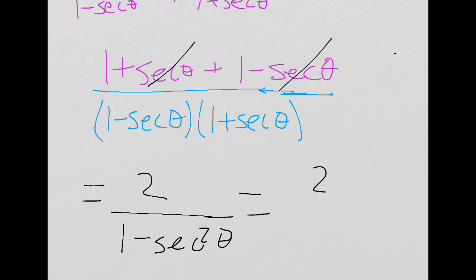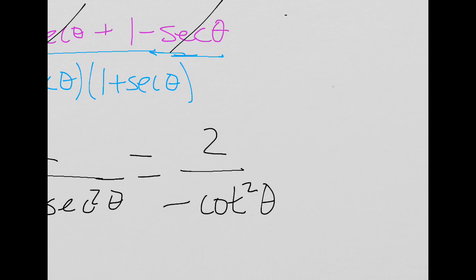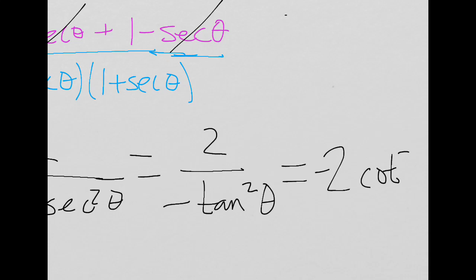So you would get 2 over negative tangent squared theta. Sorry, that should be tangent, not cotangent. And if I flip it up to the top, I get cotangent, which is what I wanted at the end.